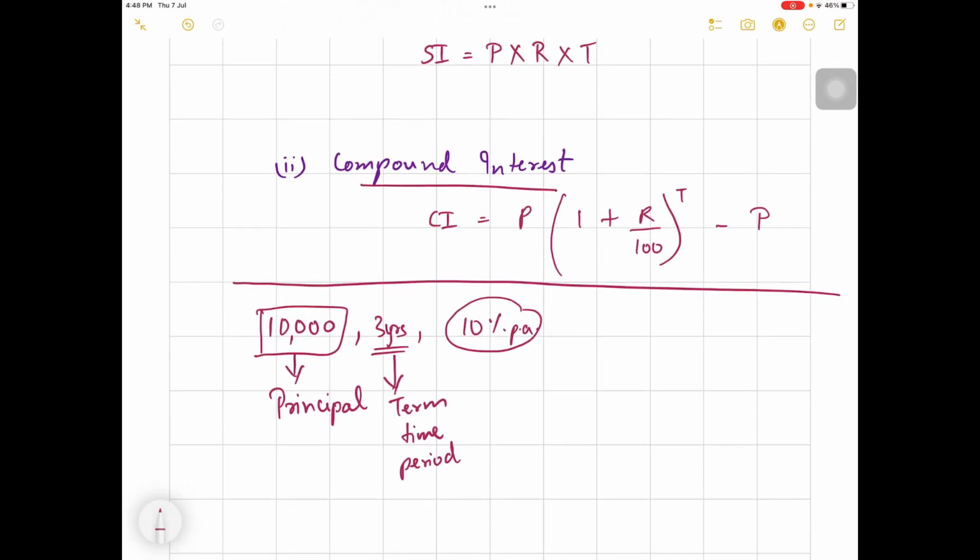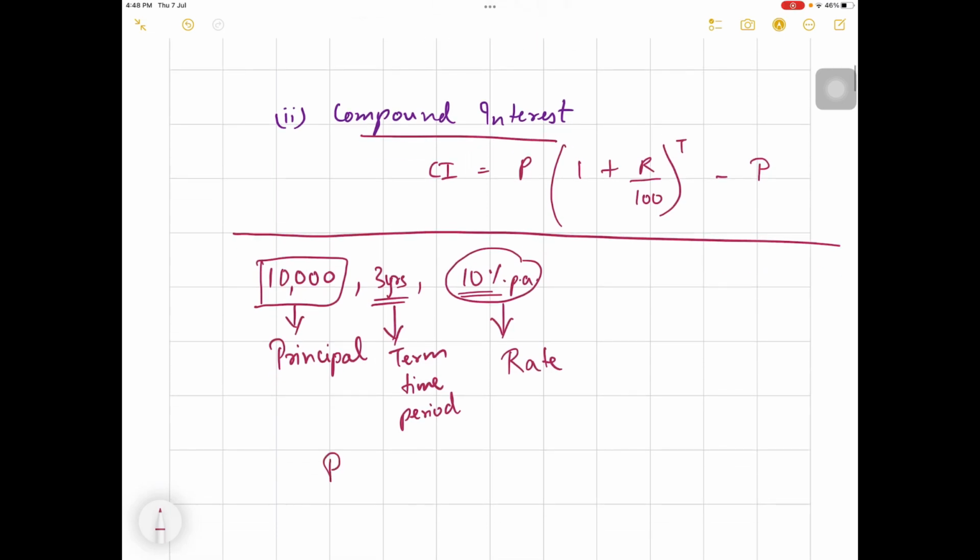Whenever I am returning the money, I have to return it with interest. So this 10% is my R, the rate of interest. The amount which I'll be returning after 3 years, which is principal plus interest, is called the amount.